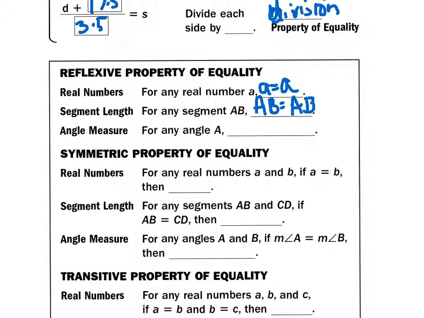And for any angle A, you can say the measure of angle A equals the measure of angle A. Symmetric property. For any real numbers a and b, if a equals b, then we can turn around and say that b equals a. Same thing with segments, and same thing with angles.